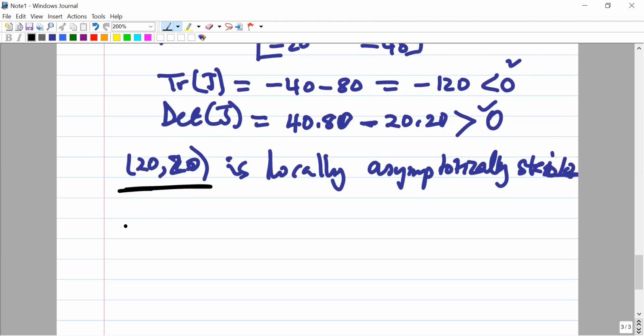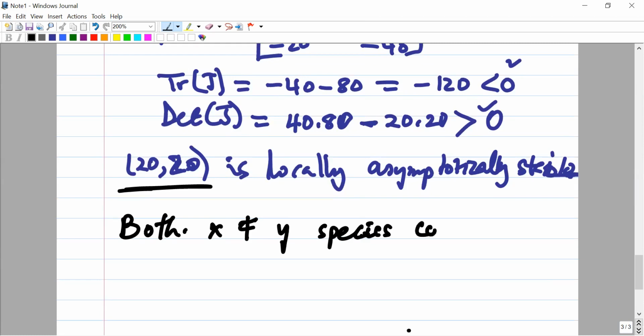Since the coexistent equilibrium is locally asymptotically stable, both species X and Y coexist. There is coexistence. That's the outcome.